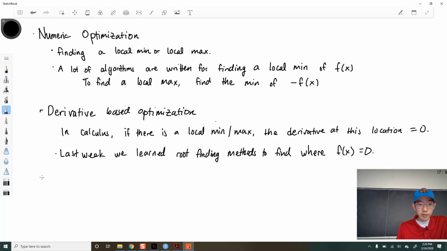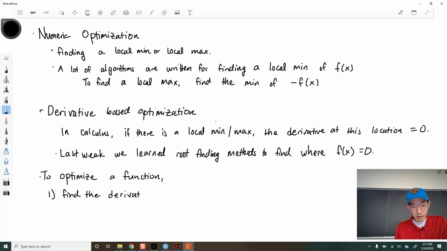So to optimize a function, as in find a local min or local max, basically step 1, find the derivative of the function. Step 2, apply a root finding method.